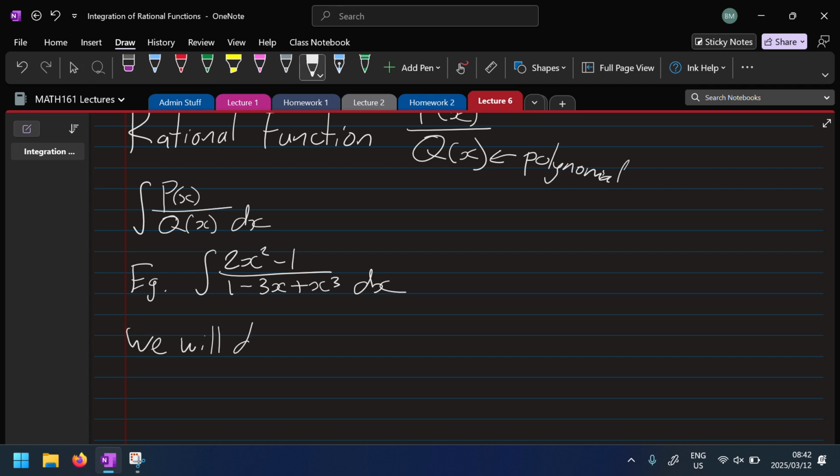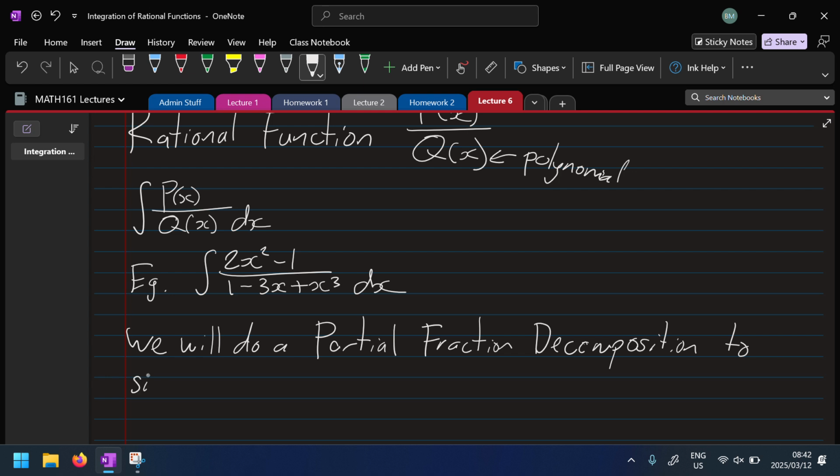So we will do a partial fraction decomposition to simplify the function, in order to integrate.